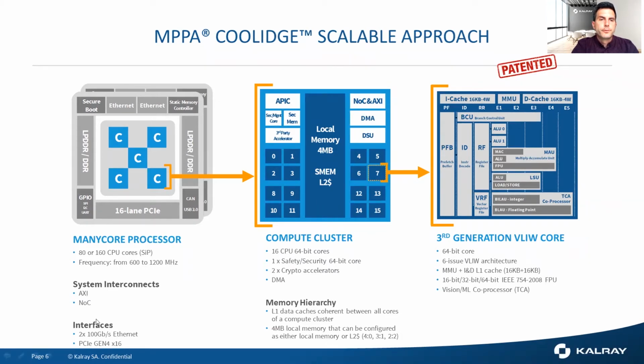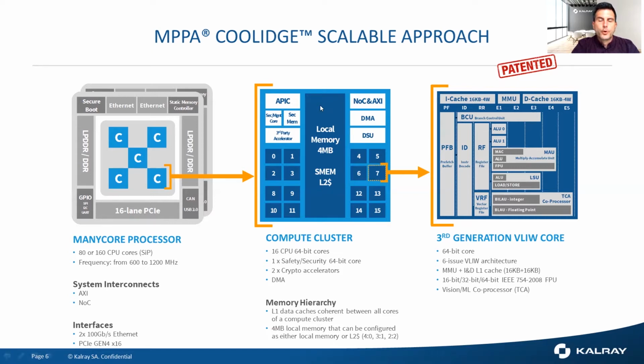It's a clustered architecture: each die has 5 clusters of 16 cores each. So in the case of system in package, we end up with 10 clusters for 160 cores. We also feature some high-speed interfaces: 16 lanes of PCIe Gen 4, and 2 100 gigabits per second Ethernet interfaces.